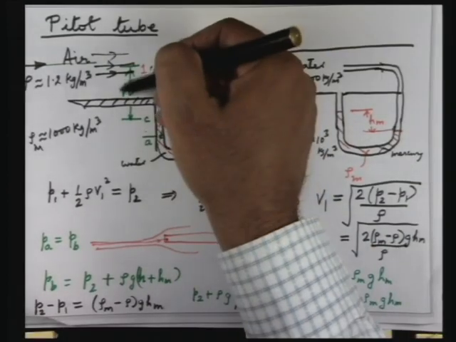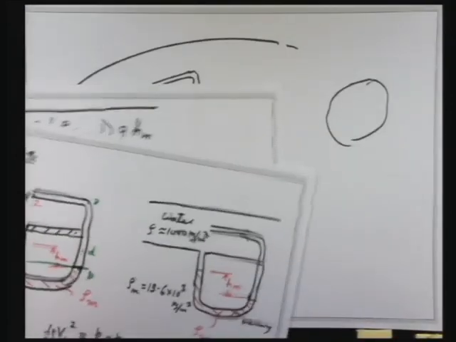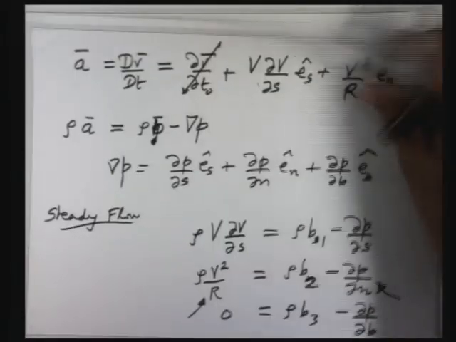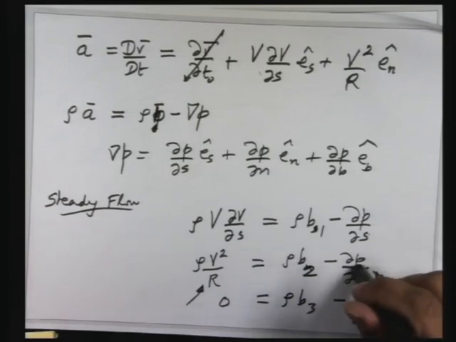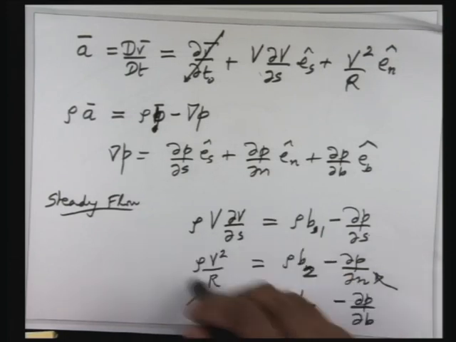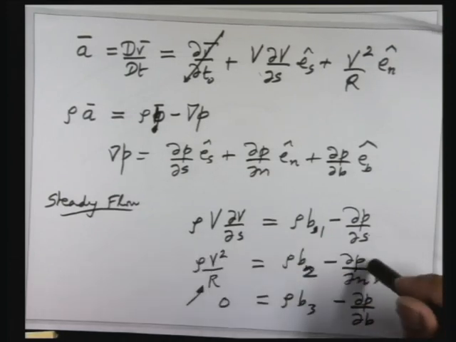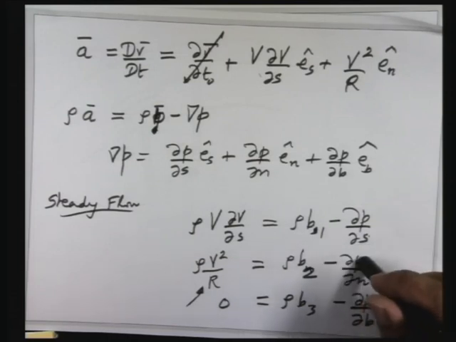So the variation of pressure in the normal direction is 0. If you go back to this relation over here, this is the variation of pressure in the normal direction. If R is infinity, because they are straight lines, then this term is 0, and you can neglect the change in pressure in this direction.